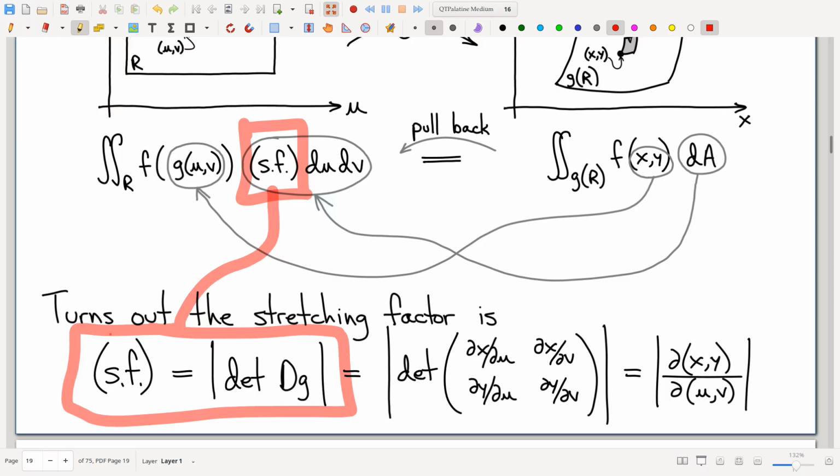But that stretching factor is this formula. It's the absolute value of the determinant of the Jacobian, aka the derivative matrix. So absolute value of the determinant of the derivative matrix. Turns out that that's what the stretching factor is. And for the moment, trust me. And again, I'll give you a motivation for this in a bit. Well, Monday.